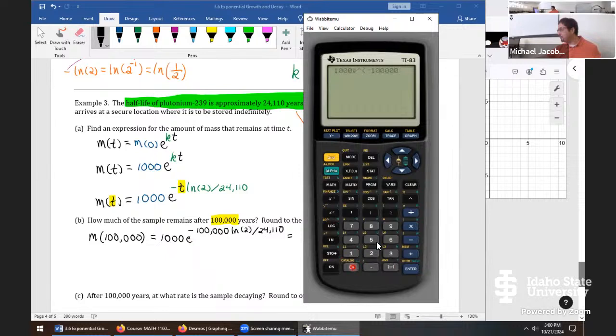Okay, I think I've got the right amount of zeros. Let me just double check. Always makes me a bit paranoid. Then natural log 2, ln 2. Don't forget to close that parenthesis right there. And then and only then do division, 24,110. Close that final parenthesis, and this is about the value we all should be getting.